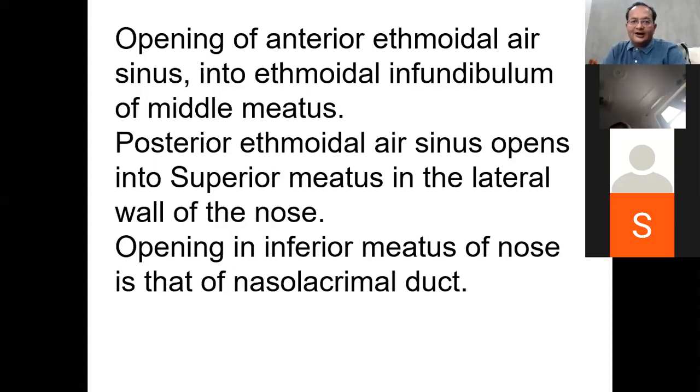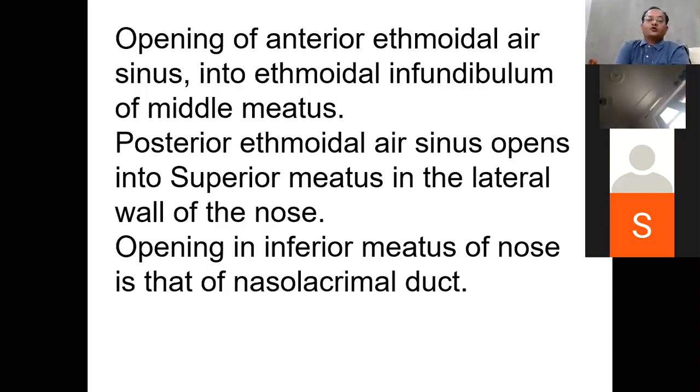So the ethmoidal air sinuses are anterior ethmoidal air sinus, middle ethmoidal air sinus, and posterior ethmoidal air sinus. Which air sinuses are there in the ethmoidal? Anterior, middle and posterior ethmoidal air sinus. The anterior ethmoidal air sinus opens into the ethmoidal infundibulum of the middle meatus. Posterior ethmoidal air sinus opens into the superior meatus in the lateral wall of the nose.